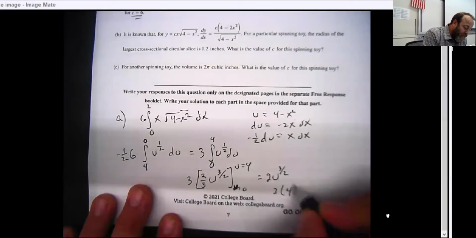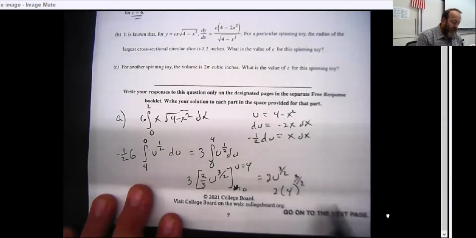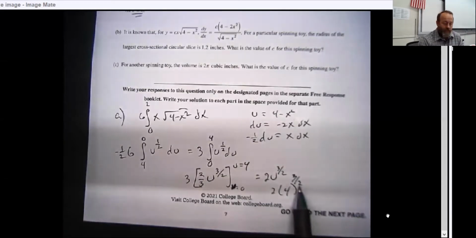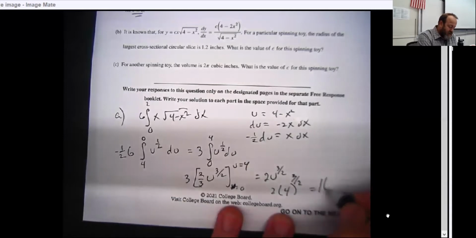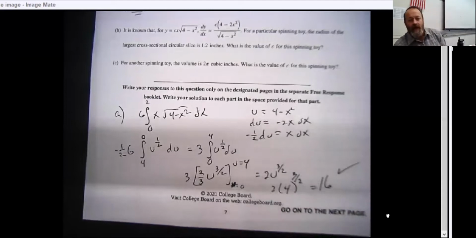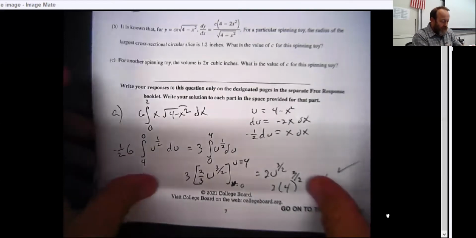So 2 times 4 to the 3/2, well, 4 to the 1/2 is 2, 2 cubed is 8, and 8 times 2 is 16. Check, we have found the area, provided that the C value is in fact 6. We're done with that first part.